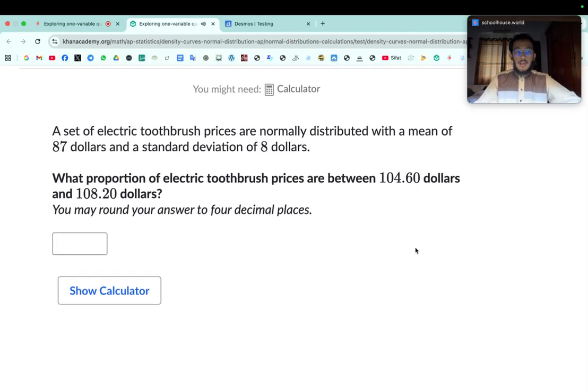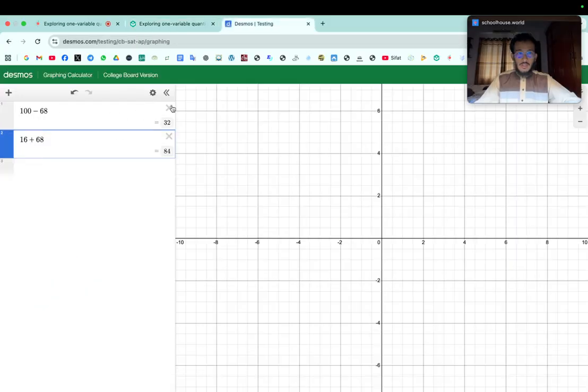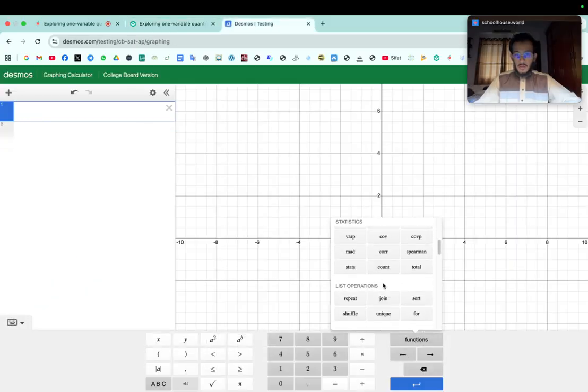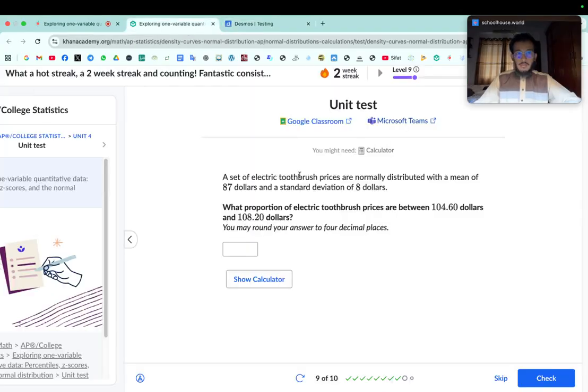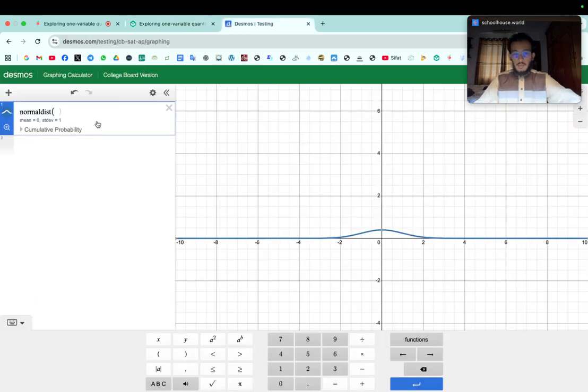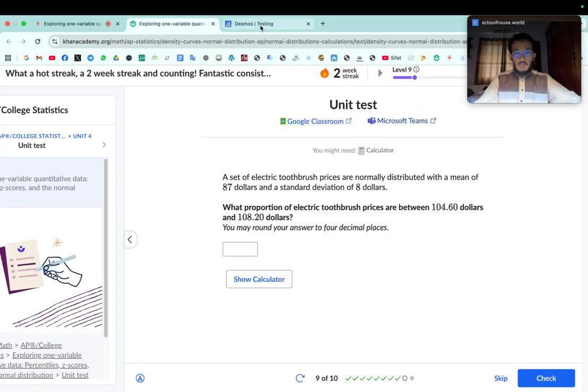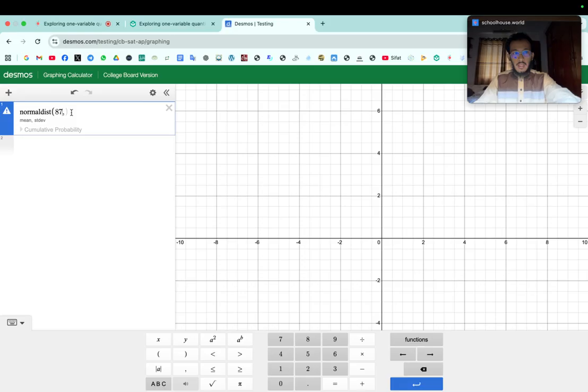All right. A set of electric toothbrush prices are normally distributed, with the mean of this and the standard deviation of this. What proportion of electric toothbrush prices are between this and this? Again, normal distribution. We have a calculator, so we just use the normal distribution function here on our Desmos. They've said the mean is 87, so we plug in 87, and the standard deviation is also given as 8, so we plug in 8 here, and we are done with our normal distribution function with 87 and 8.